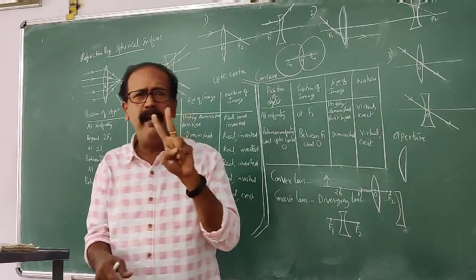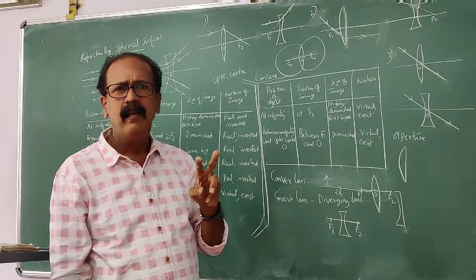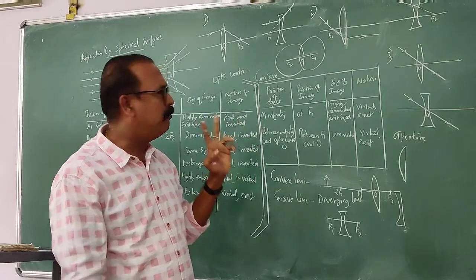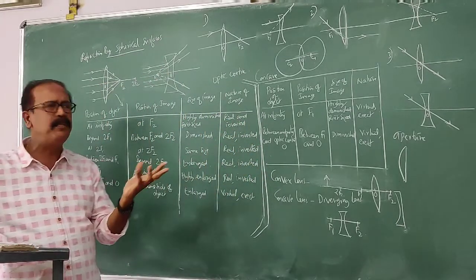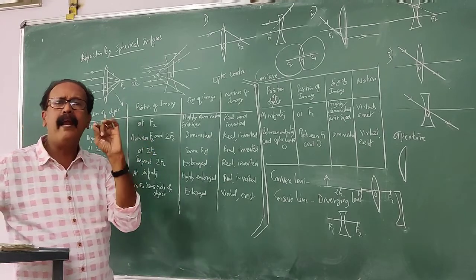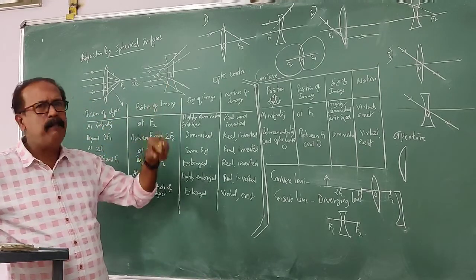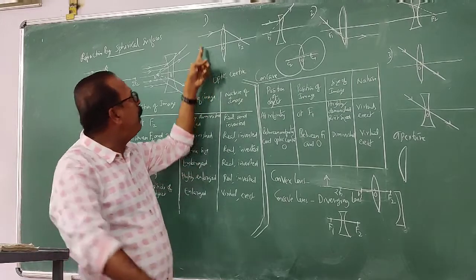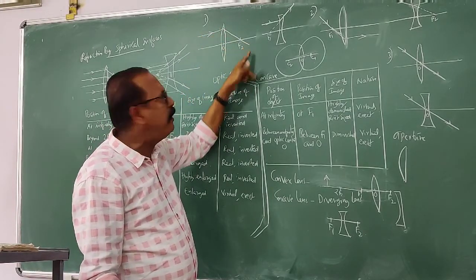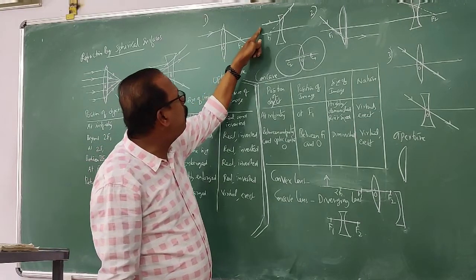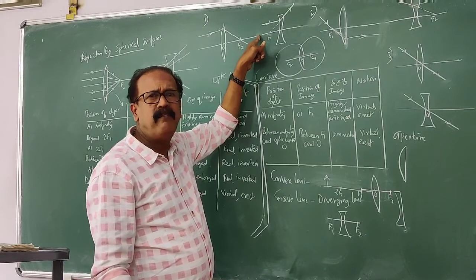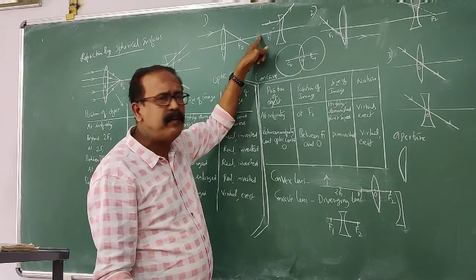Any two rays out of these three you can use so that you can form any image position. In the chart given, any of the images you can draw by ray diagrams. Use these three properties. Once again, a ray parallel to the principal axis passes through the focus after refraction in a convex lens, and appears to come from the focus in a concave lens.